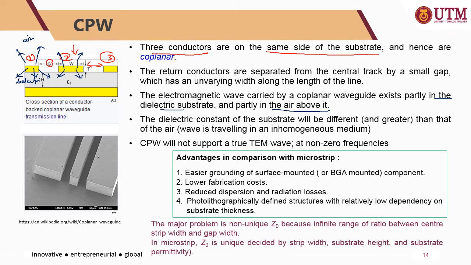So the dielectric constant of the substrate will be different and greater than the air in which the wave is traveling, as in an inhomogeneous medium. Inhomogeneous medium has been discussed in the previous slides.